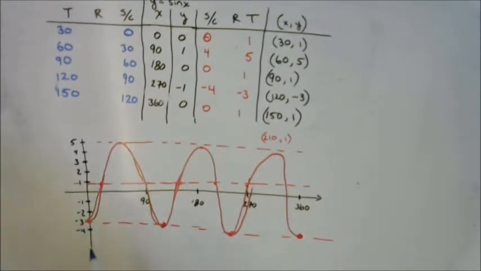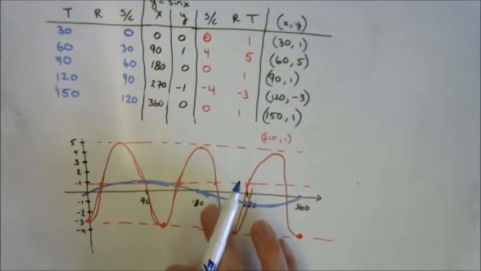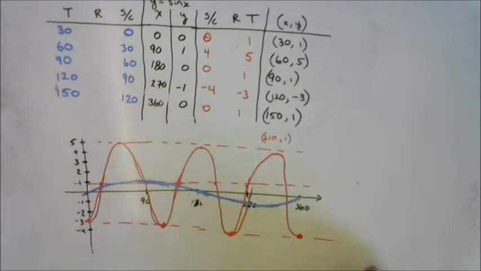If we were going to draw the original sine function on here, it would look like this. It would have a max at 90. It would cross the x-axis at 180. It'd have a min at 270, and it'd come back up at 360. So actually, my scale is a bit deceiving, although accurate.